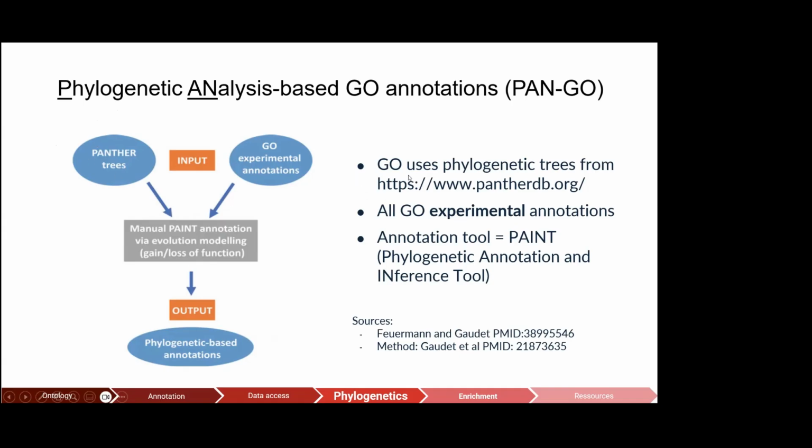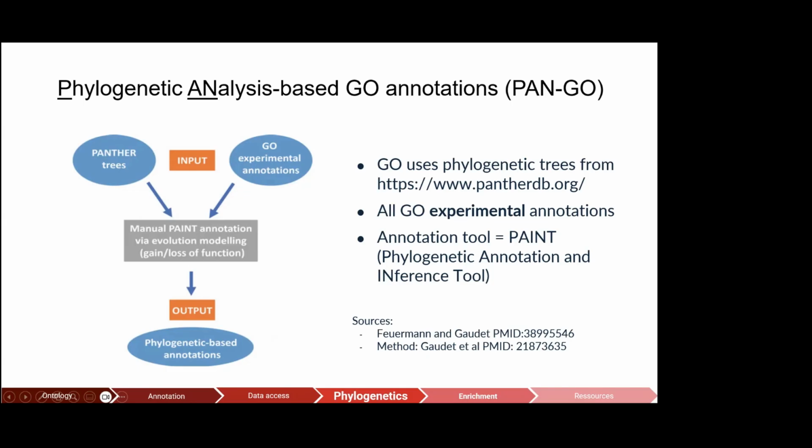We use phylogenetic trees created by the Panther group. You have here the link. So on one side, one input is phylogenetic trees. And then we try to associate to this tree the Go experimental annotation. Those have no more secrets for you. You know what this is.